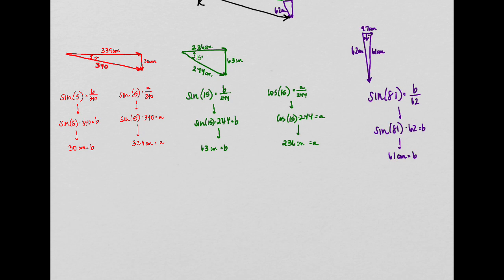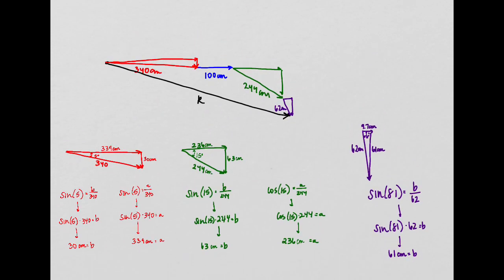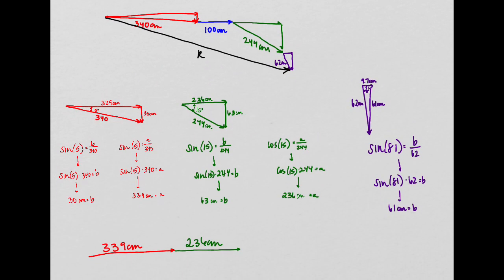So I have first 339 centimeters from the red. Then I have 236 centimeters from the green. Then I had blue first, but it doesn't matter which order we add them in, so where we put them together.